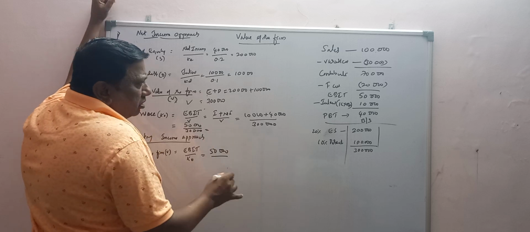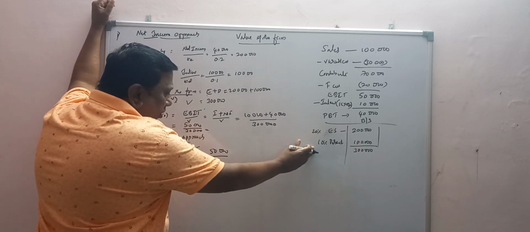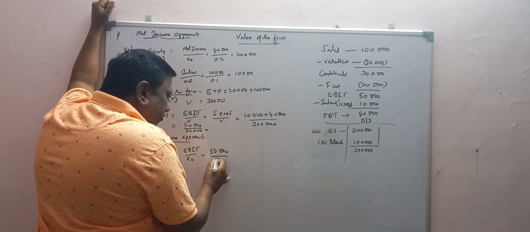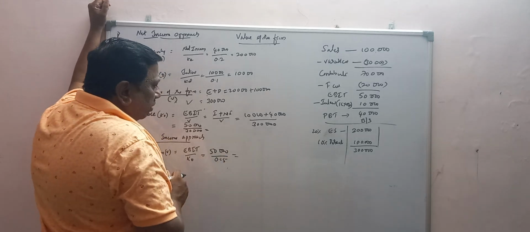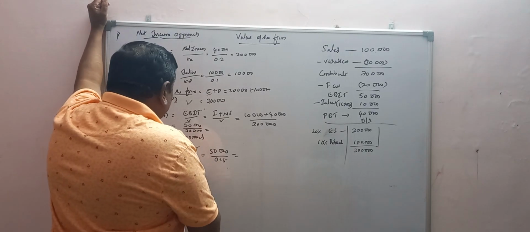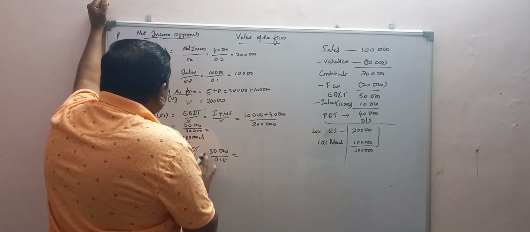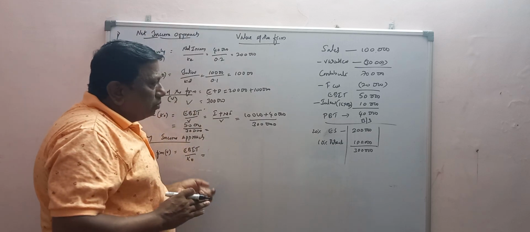K0 is the combined cost of these two: 20 plus 10 is 30%, 30 divided by 2 is 15%, 0.15. Then we get the value of the firm, same only. This is the formula for the operating income approach and the net income approach. We'll solve one sum.